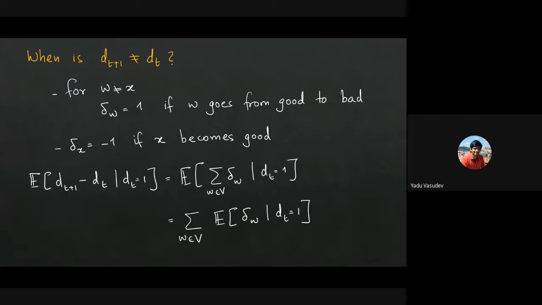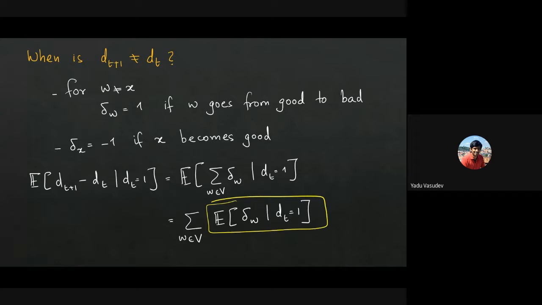All the vertices which go from good to bad add 1 to the difference, and x, if it goes from bad to good, adds a minus 1. So to understand the expected value of this difference, we are interested in the expected value of the sum of delta w's, and in particular, for any w, the expected value of delta w given d_t is equal to 1.